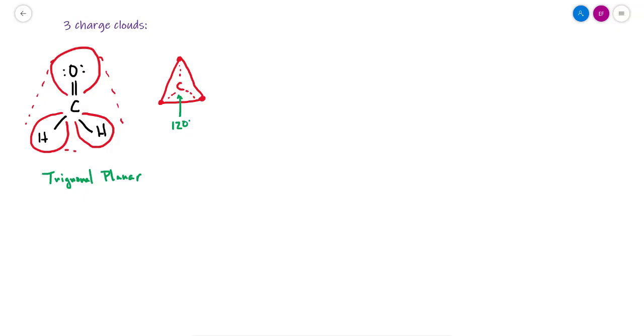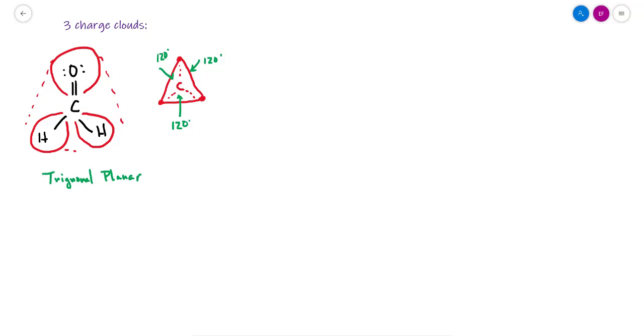In this case, in a perfect system, if you had single bonds in all three of these atoms, then you would have a perfect trigonal planar arrangement where all three of the angles would be exactly 120 degrees. In this case, look at this molecule and try to identify where you think there'd be more or less electron density in different bonds.